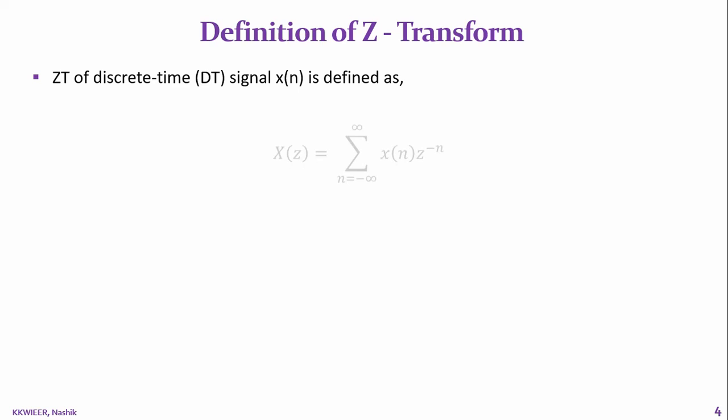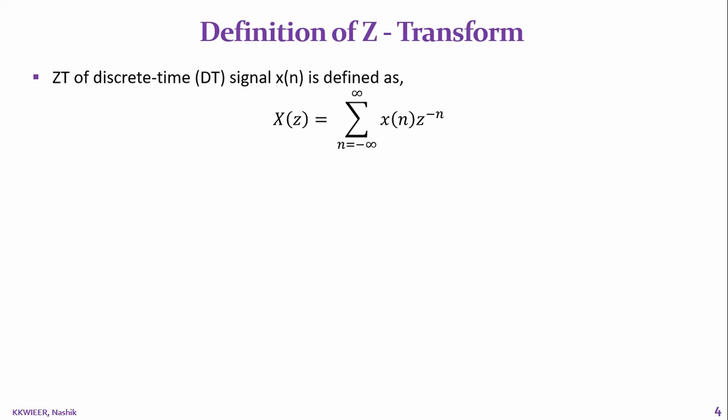So let us start with the basic thing, that is the definition of Z transform. The Z transform of a discrete time, that is a DT signal x of n, is given by the expression x of z is equal to summation n runs from minus infinity to infinity x of n z raised to minus n.